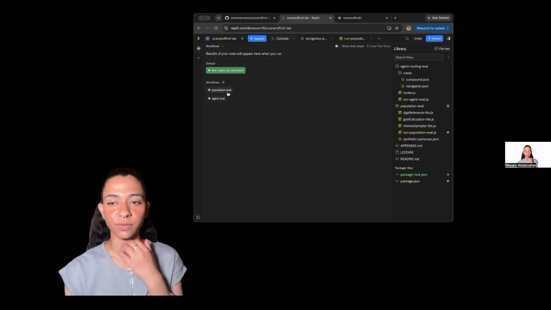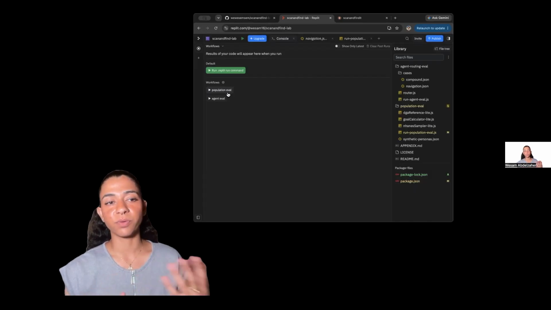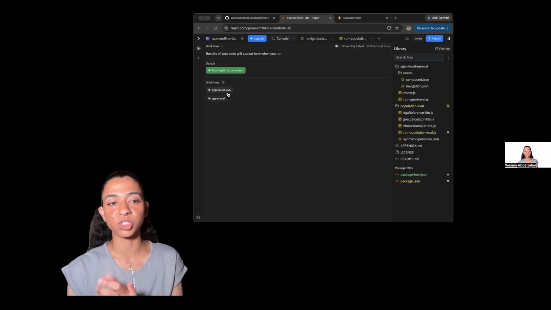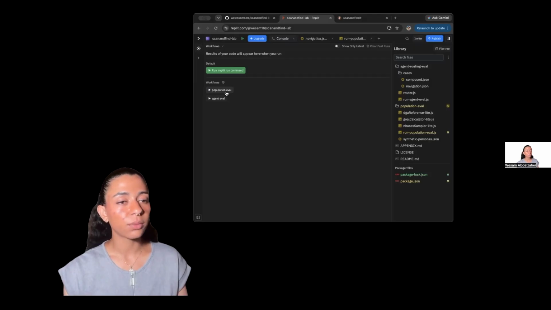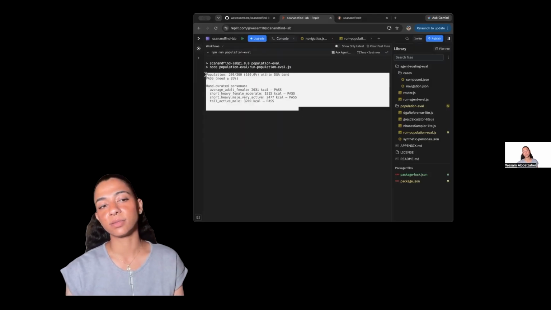So the population evals, like I said, are to make sure that the calculations we're doing to provide those nutrition goals are plausible based on those DGA guidelines. And if we click run, we'll see that these evals pass.